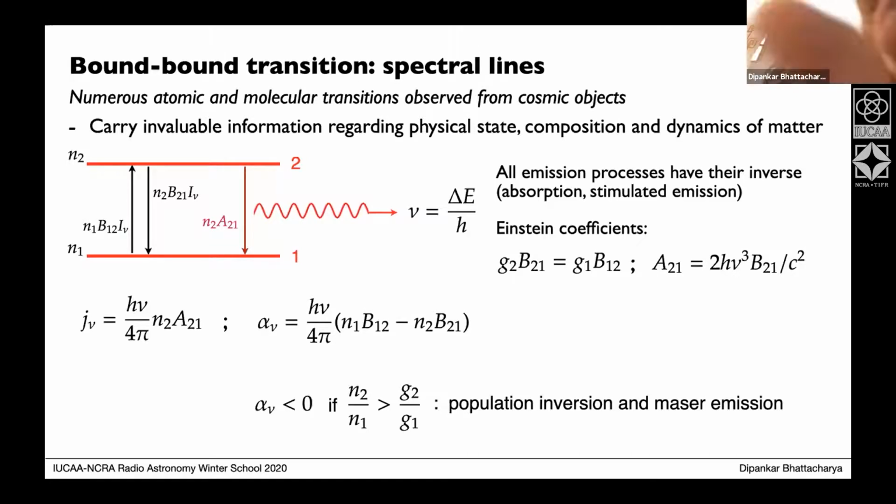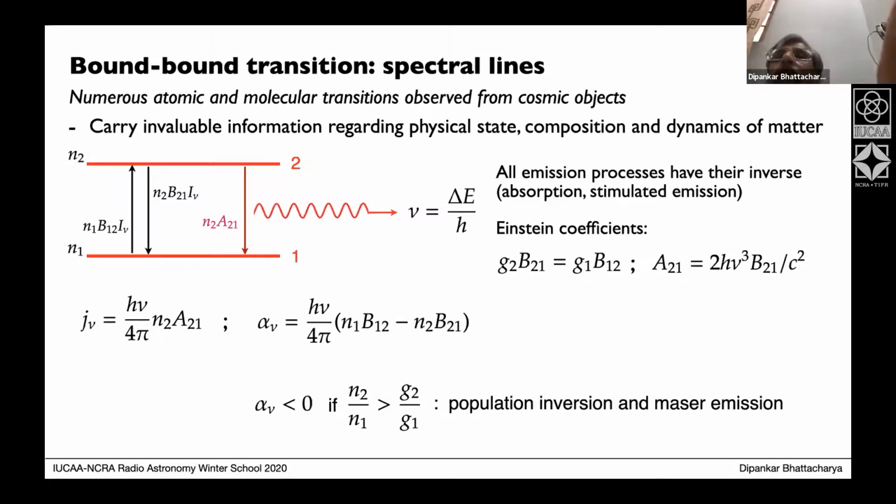Now, let us take two states, 1 and 2, as shown here, and let the populations of electrons in these two states be N1 and N2. Then there are processes which connect these two states.